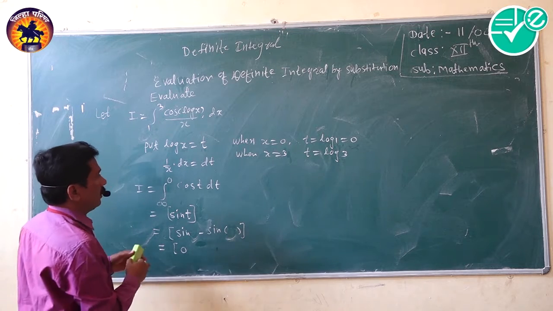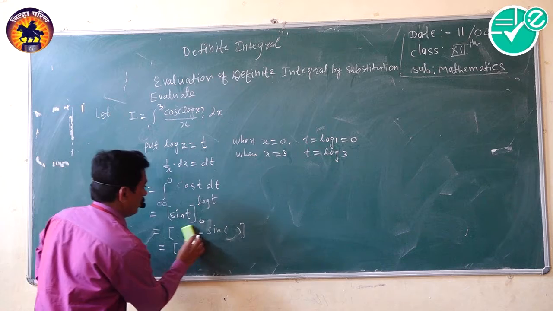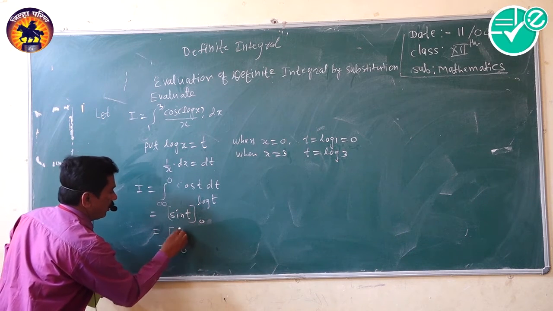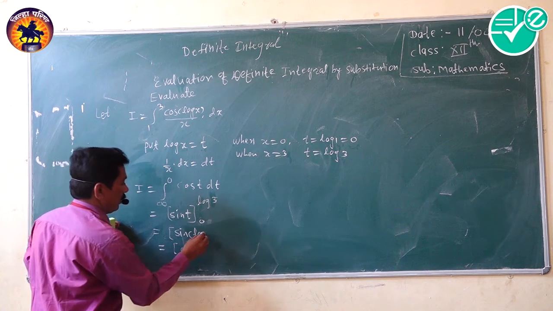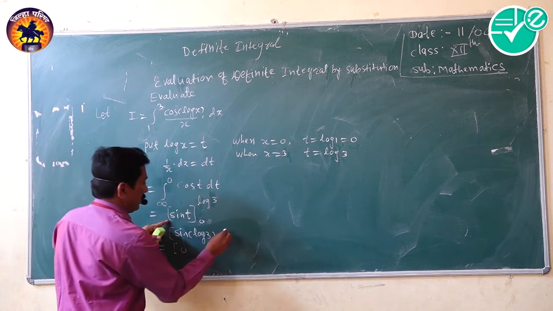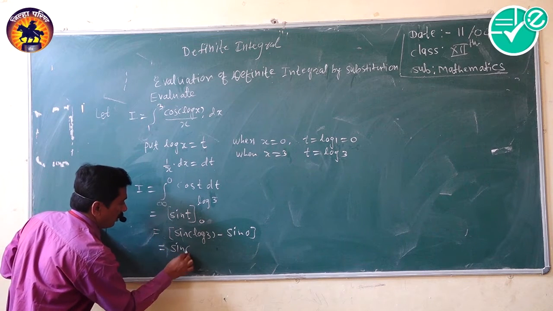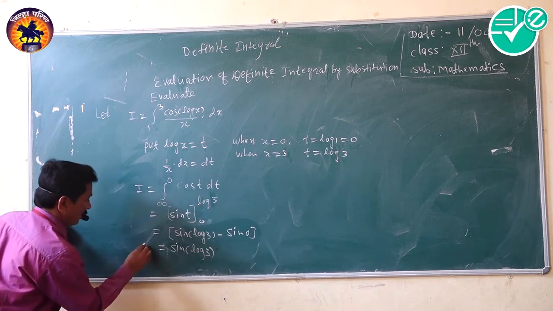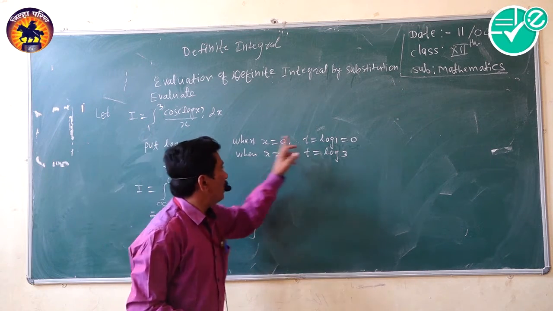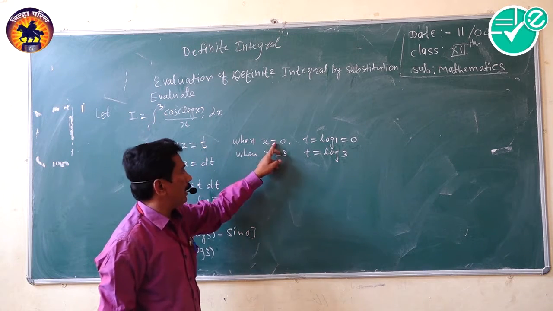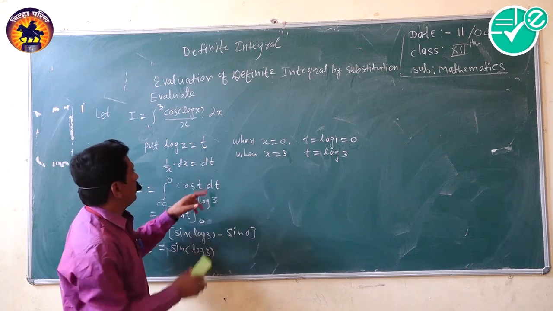Therefore these limits will become 0 to log 3, and therefore we can take this sine of log 3 minus sine of 0, and therefore this is nothing but sine of log 3. This is the final answer. Here limits are 1 to 3, therefore we have taken here x is equals to 1, log of 1, sorry.